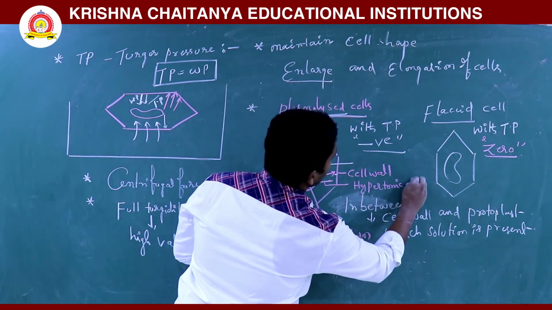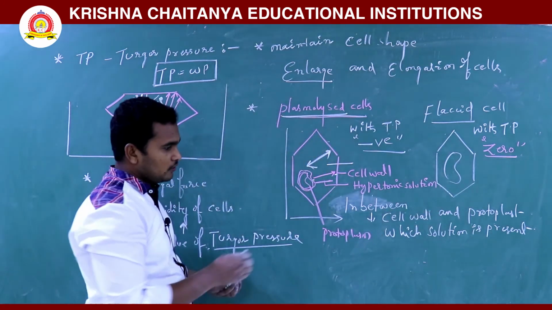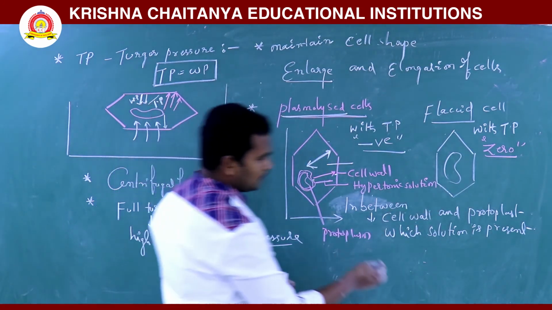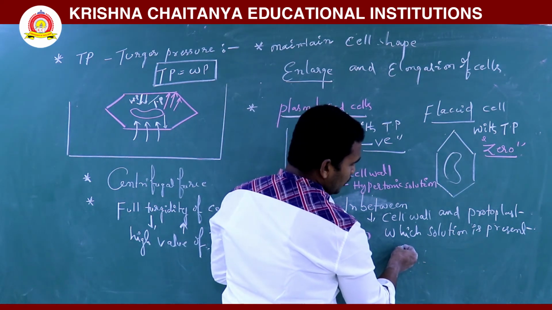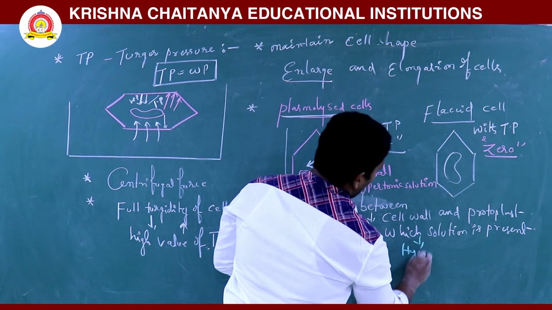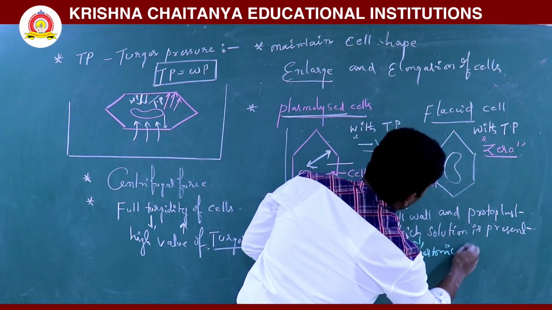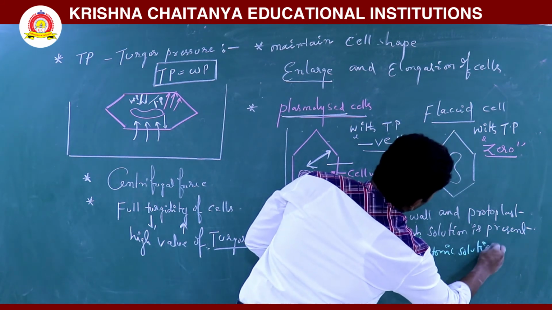So the solution present between the cell wall and protoplast is the hypertonic solution.